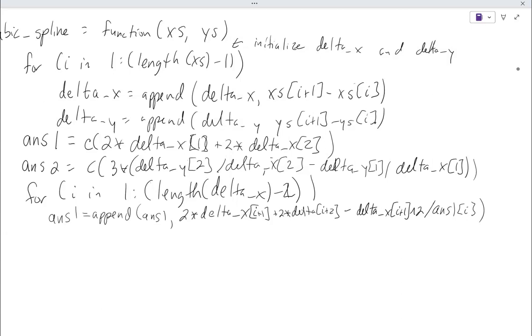Okay. So notice we're going to do the same thing on the right-hand side over here as we did on the left-hand side. So over here we have a 3 delta 2 over delta 2 minus delta 1 over delta 1 here. And here you've got a 3 delta 3 over delta 3 minus delta 2 over delta 2 here, correct?